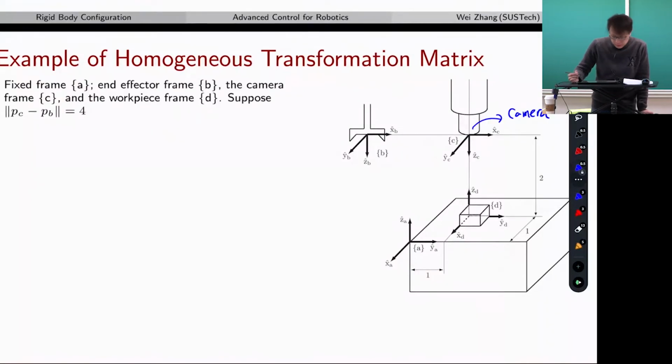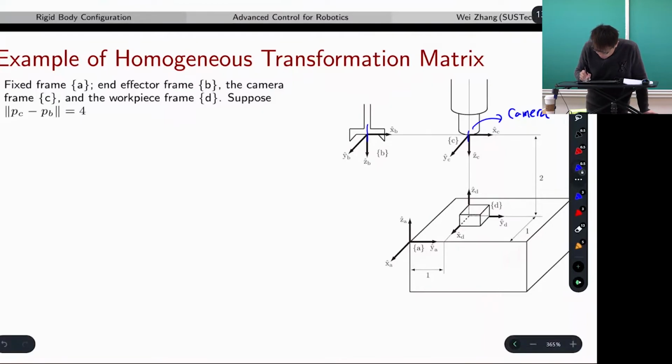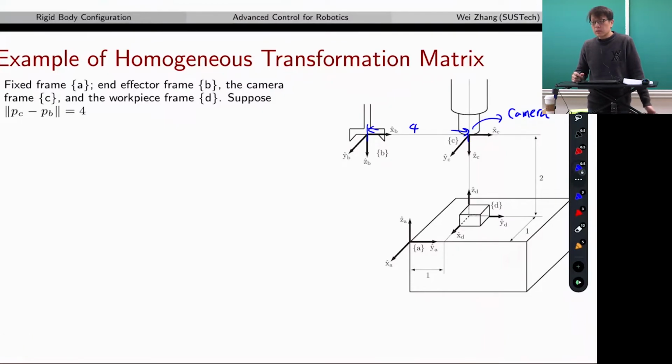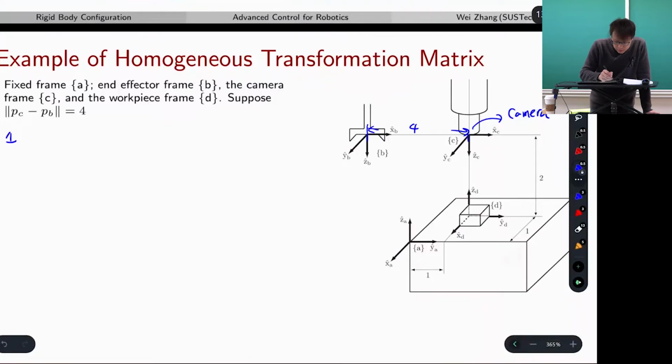The workpiece frame is D, and A is a fixed frame in the space. Suppose the distance between the points P_C and P_B is 4. Now I have all the geometry information you need to know for this robotic station. My question is: what is the camera location?